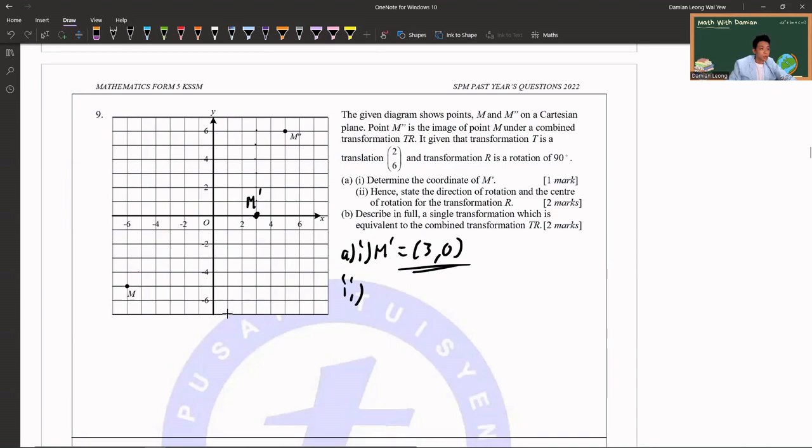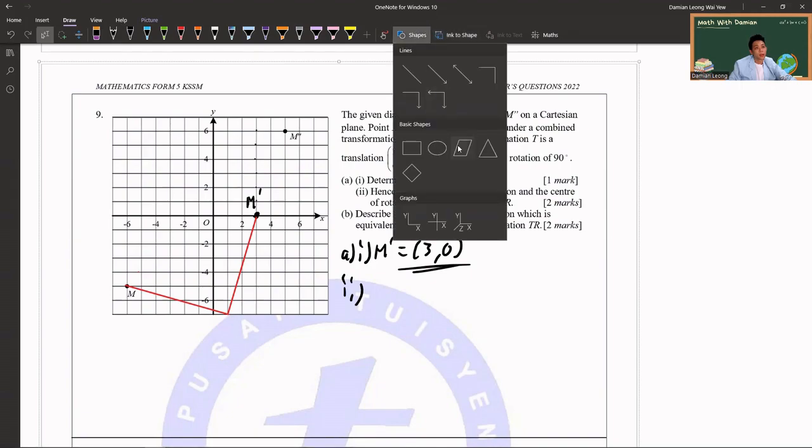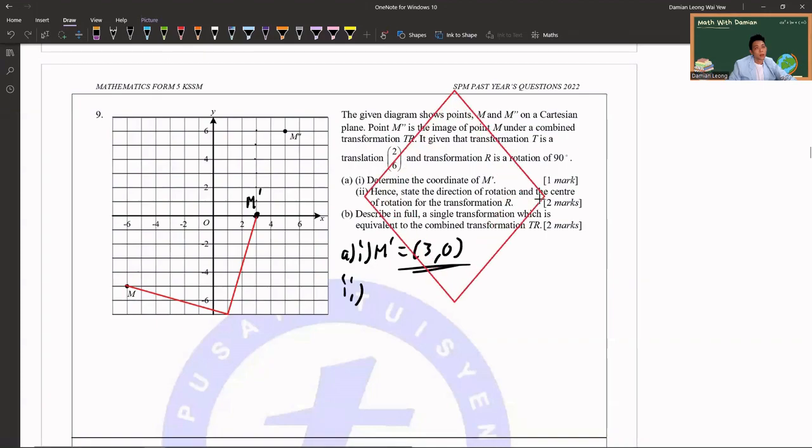just use trial and error. If say I take here, yeah, that would be 90 degrees. And in fact, it is the same distance also.